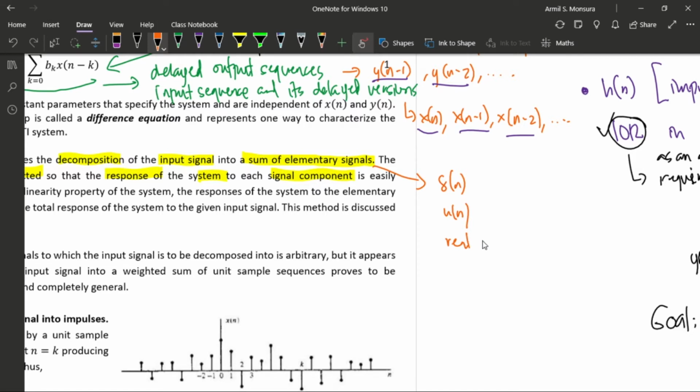Yung real exponential, yung complex exponential, which will turn out later on na magiging sinusoid. Okay? And so on. So yan yung mga naaral nating mga elementary signals.